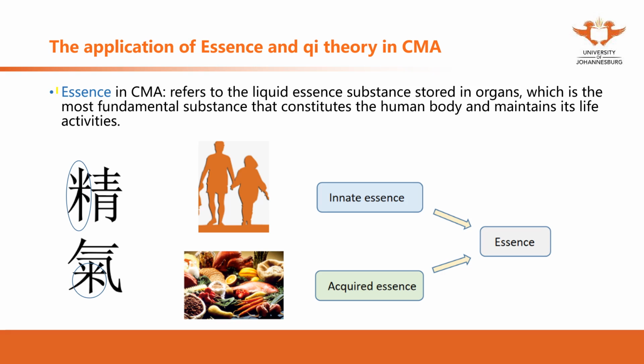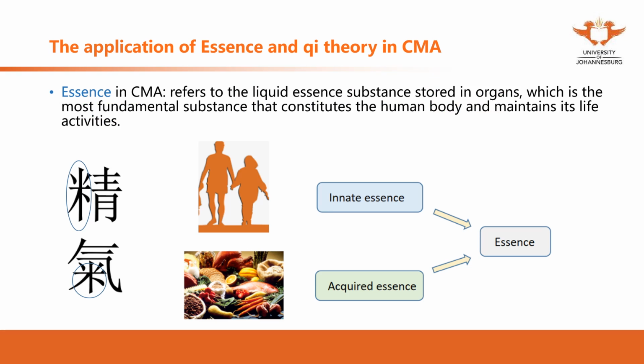For example, the essence refers to the liquid substance stored in organs, which is the most fundamental substance that constitutes the human body and maintains the life activities. As you can see, something has changed.